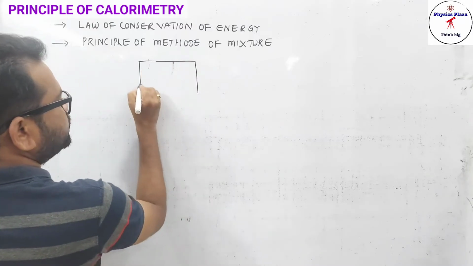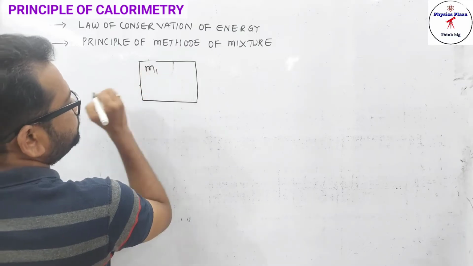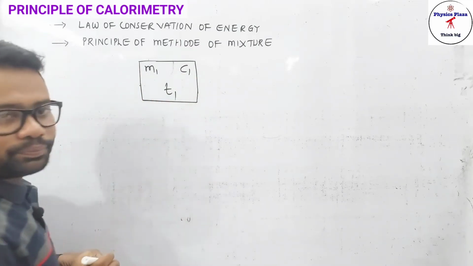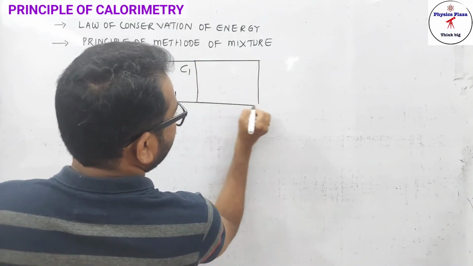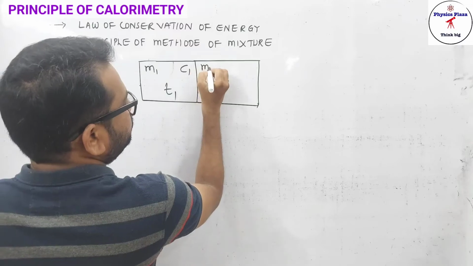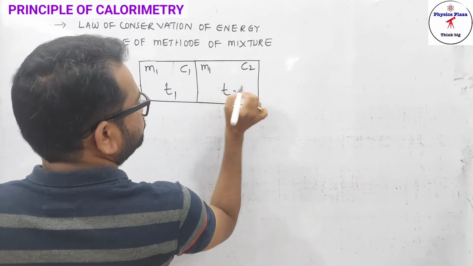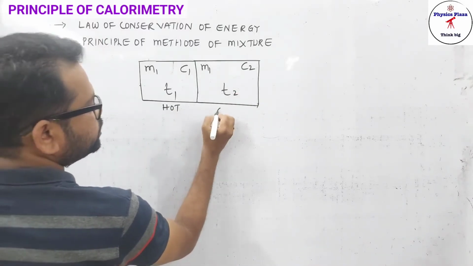Here, this is a hot body of mass m1, its specific capacity is c1 and its temperature is T1. It is brought in contact with a cold body of mass m2, specific capacity c2, temperature T2. So here is a hot body and here is a cold body.